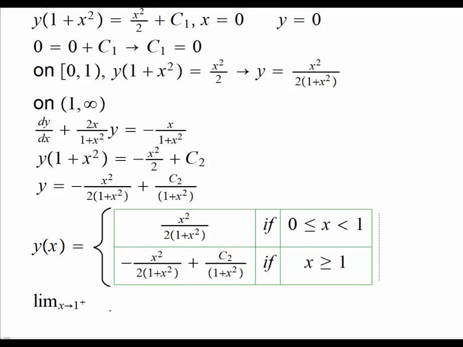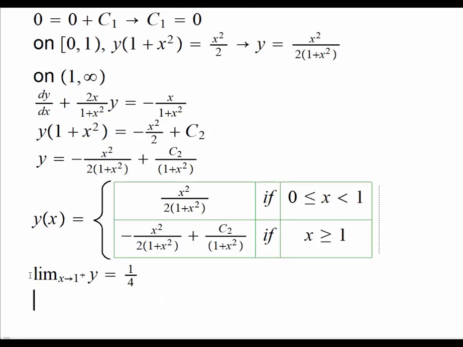As x goes to 1 from the left, y is going to be, well, that's a matter of simple substitution, simply 1 over 4. Now, on the other hand, if we compute this, I said from the left, and I'm writing from the right. Okay, sorry about the typo.